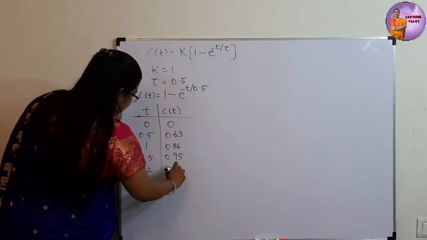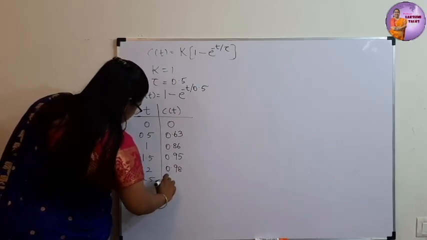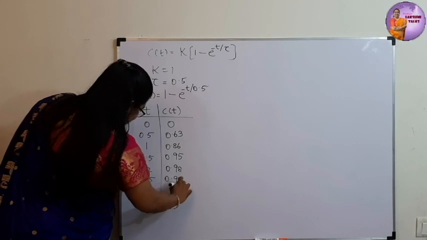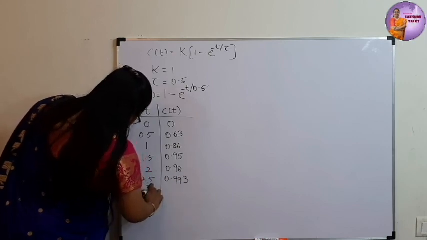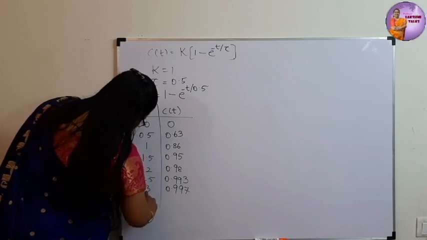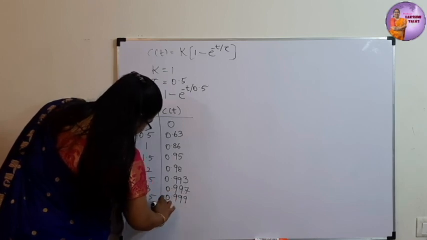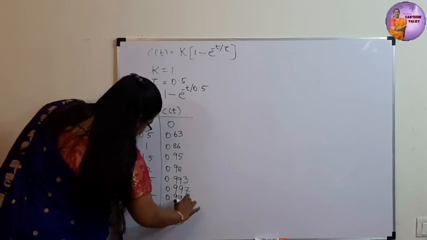then for 2 it is 0.98, for 2.5 it is 0.993, for 3 it is 0.997, for 3.5 it is 0.999.